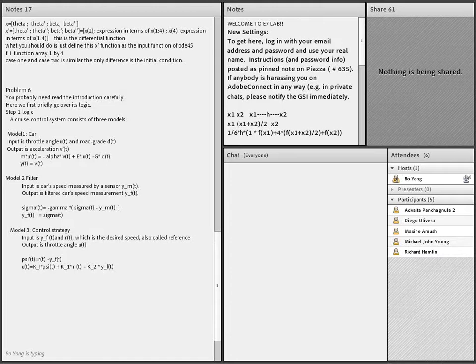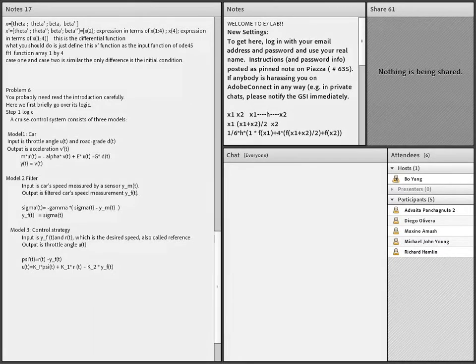The last model is a control strategy. In the control strategy, the input is yf(t), which is just the output of the filter model, the speed of the car, and another input is r(t). r(t) is the desired speed, which is also called the reference.